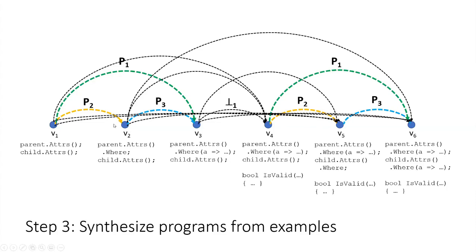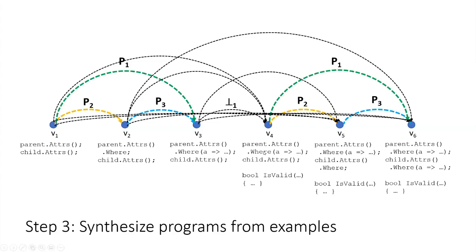But still, after this step, we still have some ambiguities. Like, how do we know whether we should show the developer suggestions from P1 or suggestions from P2 or P3? Because we want to run these programs on the entire code, or for instance, on the entire file, as Arjun showed, and generate suggestions.